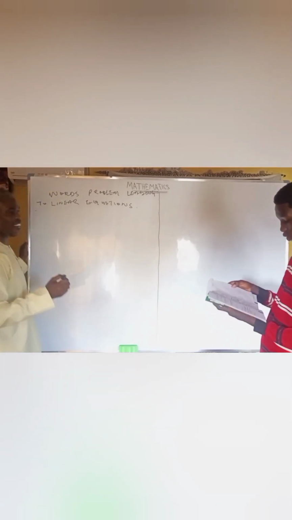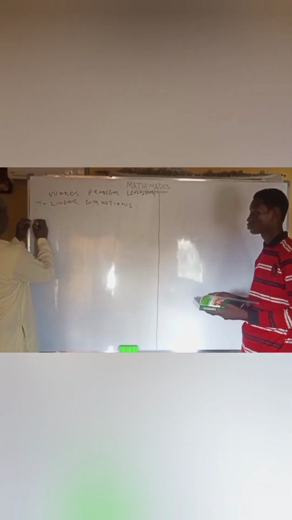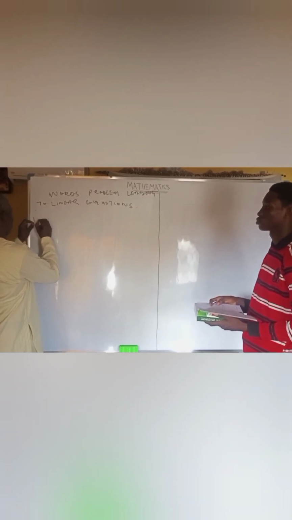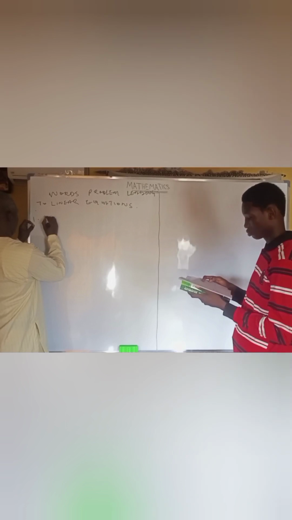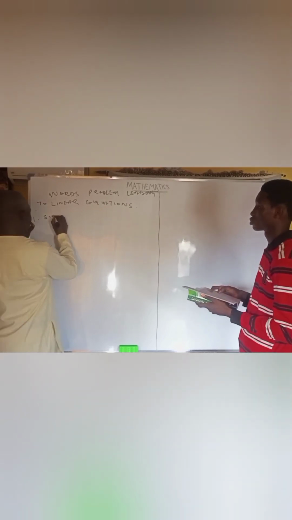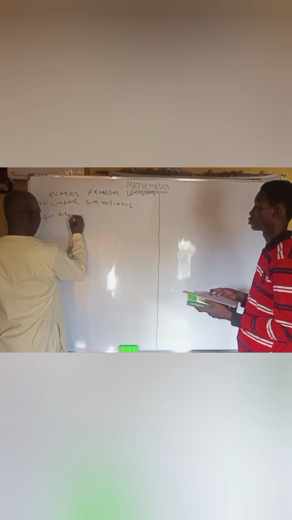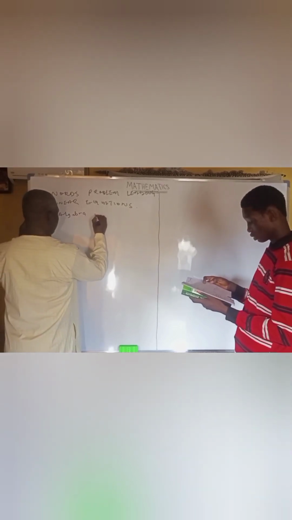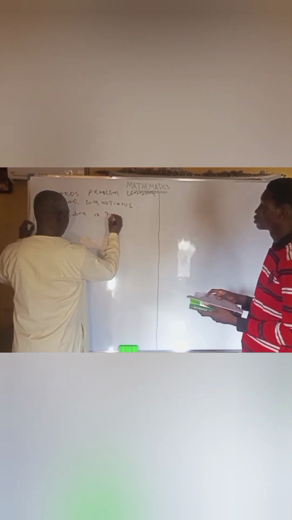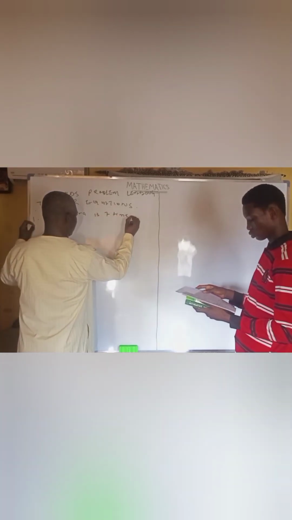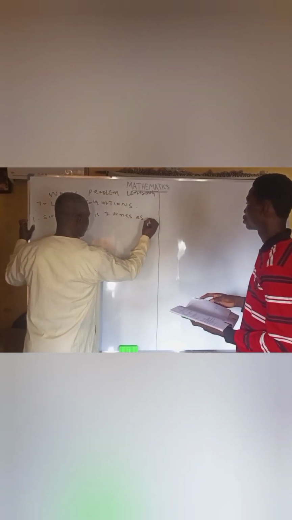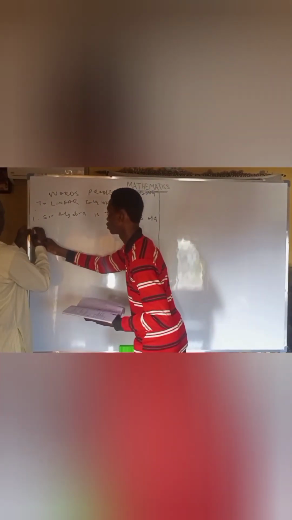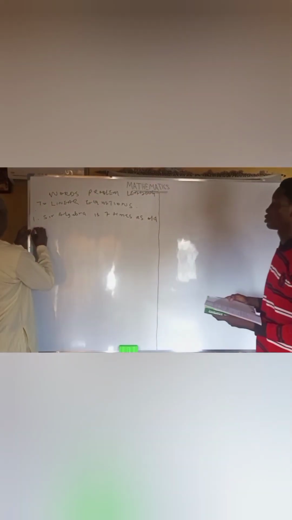Example number 1. Algebra is 7 times as old as his daughter is.